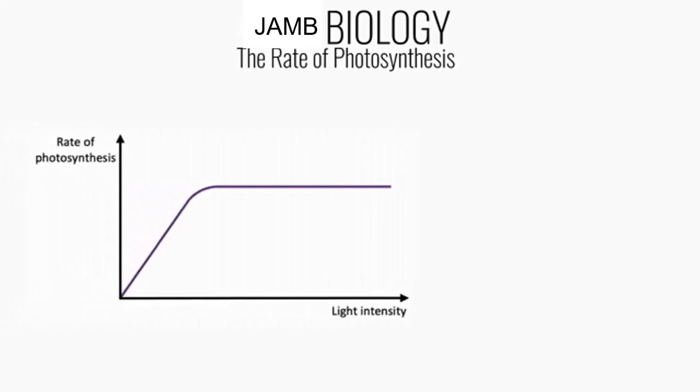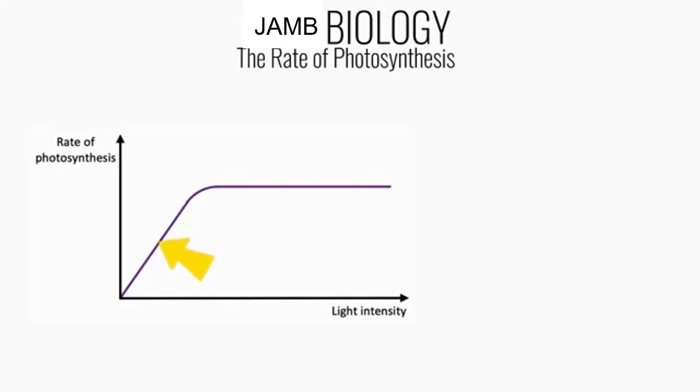So here is a graph to illustrate the effect of light intensity on the rate of photosynthesis. Light provides the energy needed for photosynthesis. So over here you can see that as light intensity increases, the rate of photosynthesis also increases.